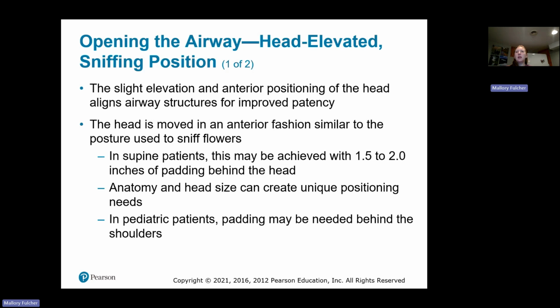You're probably able to get a lot more air in that sniffing position with your chin extended than with it being kind of back towards your throat. That's the whole point of the sniffing position, is to be able to get more air into the airways.